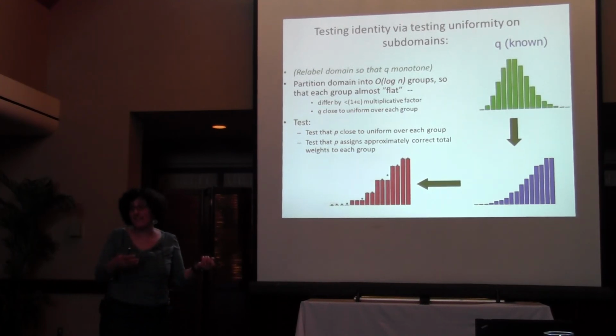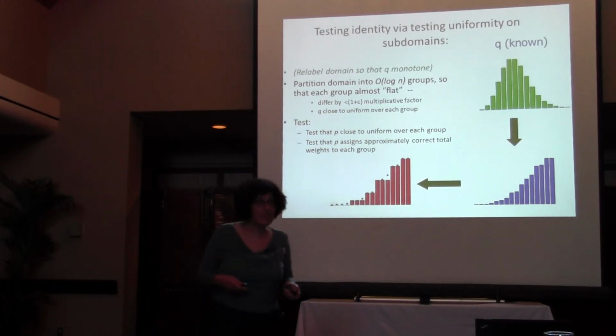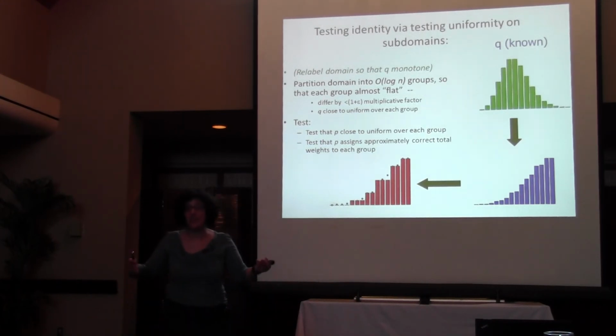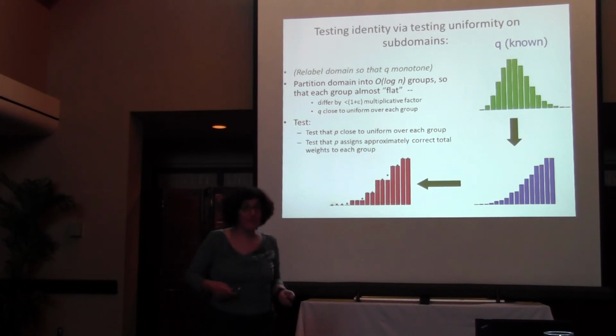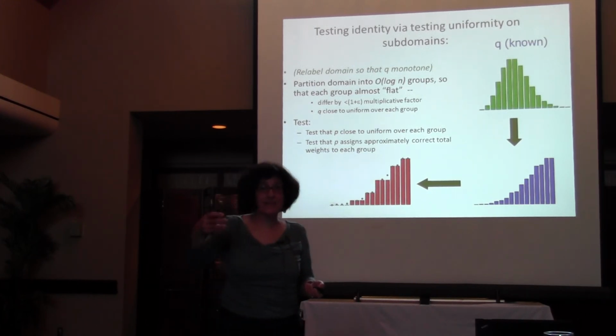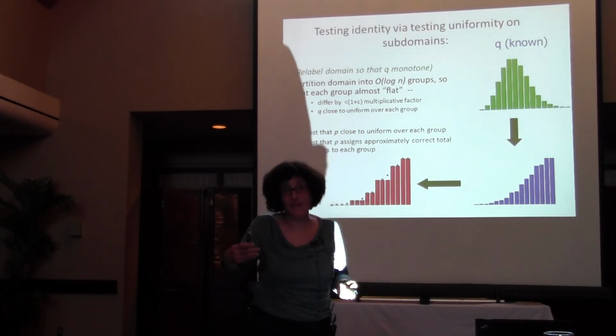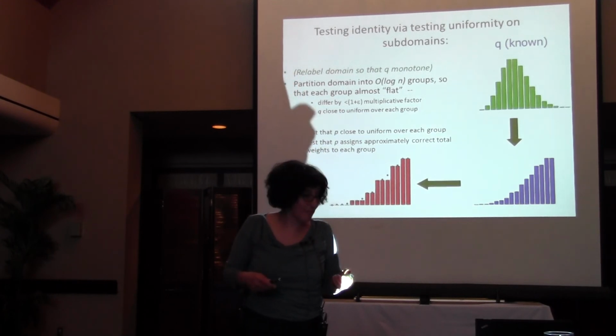If it passes these two tests, we show that P is actually quite close to Q. So we've reduced this identity testing problem to order logarithmically many uniformity testing problems, and basically the complexity is within a logarithmic factor of that problem.